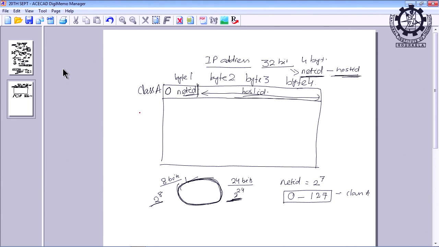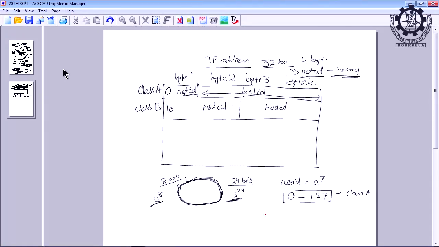Coming to the next kind of class address, you have the class B kind of network, where 2 bytes are used as the net ID and 2 bytes are used as the host ID. And the addressing starts with a numeral 1 followed by a 0.